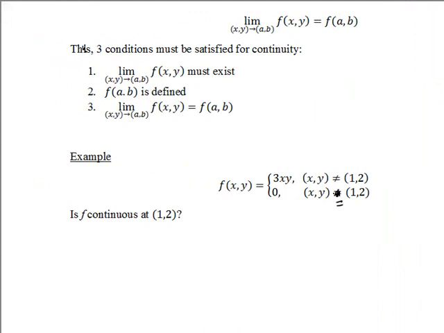Is f continuous at (1,2)? We go through every condition. So the first thing, let's find the limit as (x,y) approaches (1,2) of f of (x,y).